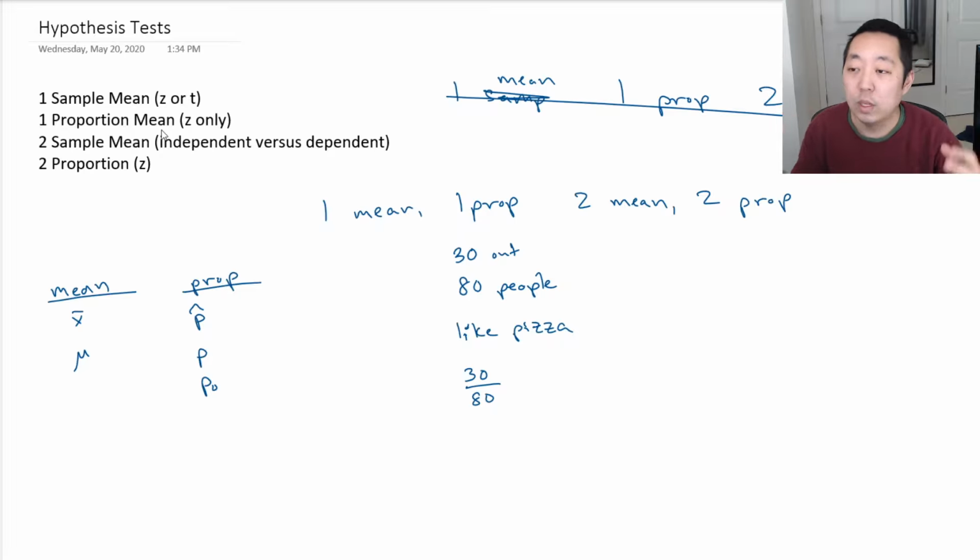Now let's go one at a time. Suppose I've narrowed it down and I have a one sample mean. I'm measuring some kind of mean value, and it's only one sample. The first question you have to ask yourself is whether to use the z or the t distribution.